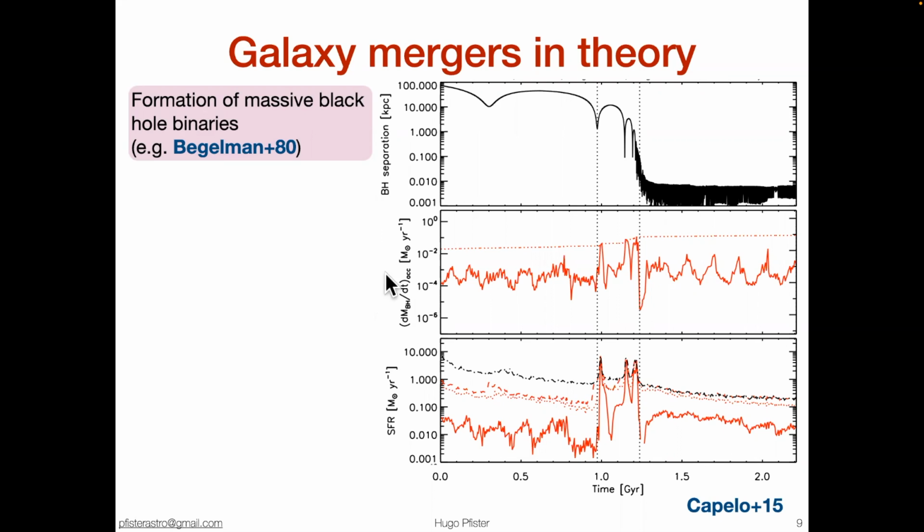The second thing that you can look at, for instance, is how much gas is flowing onto the black hole. So here I'm showing the black hole accretion rate, in solar masses per year, so how many solar masses of gas fall onto the black hole in one year. And you look at that as a function of time. You see that when the black holes are at pericenter, so at their closest approach, you have an enhancement of the black hole accretion rate.